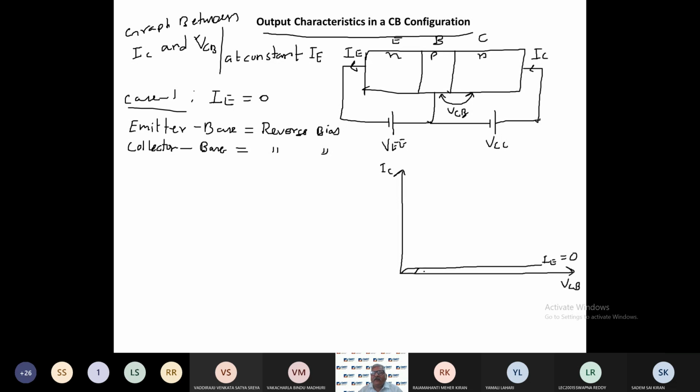So this region of the curve is called the cutoff region.